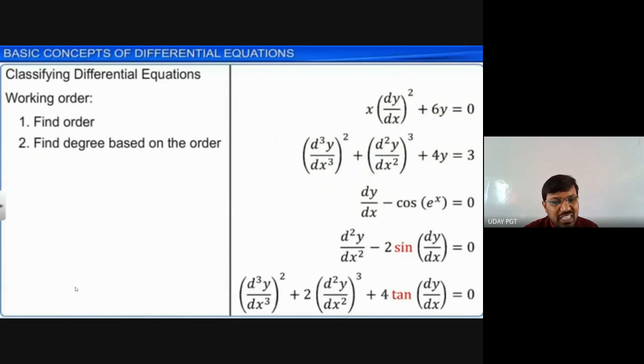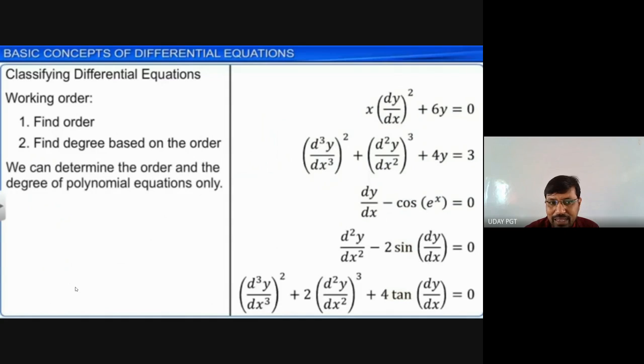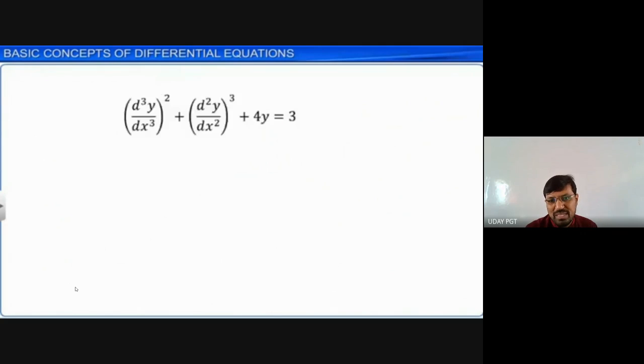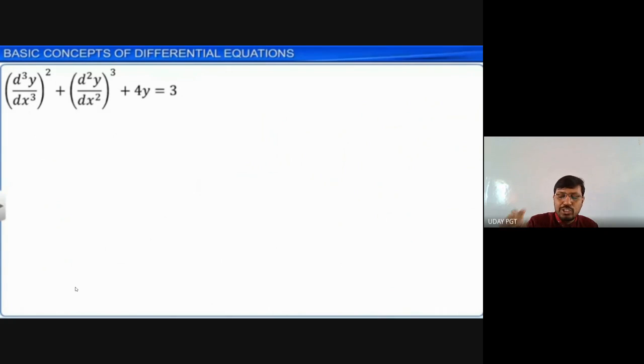We can determine the order and degree of polynomial equations only. That means it should be a polynomial in the differential form, with the derivative of the dependent variable with respect to the independent variable. Here d cube y by dx cube is a polynomial.